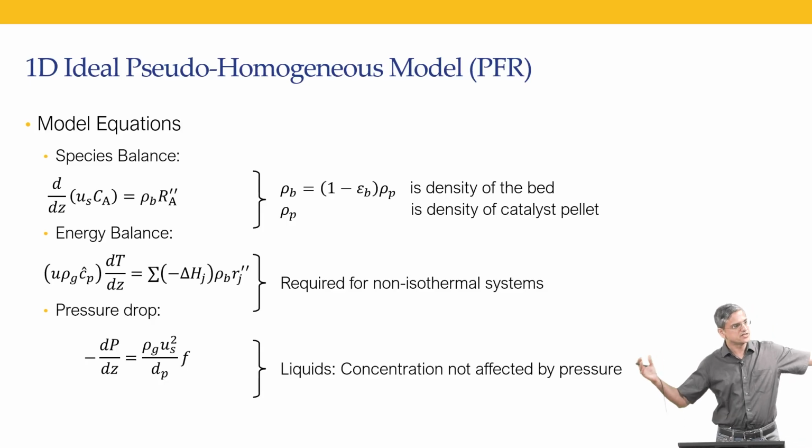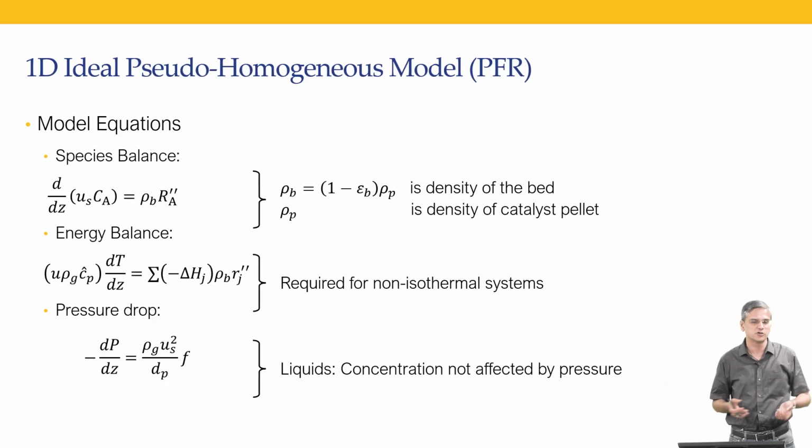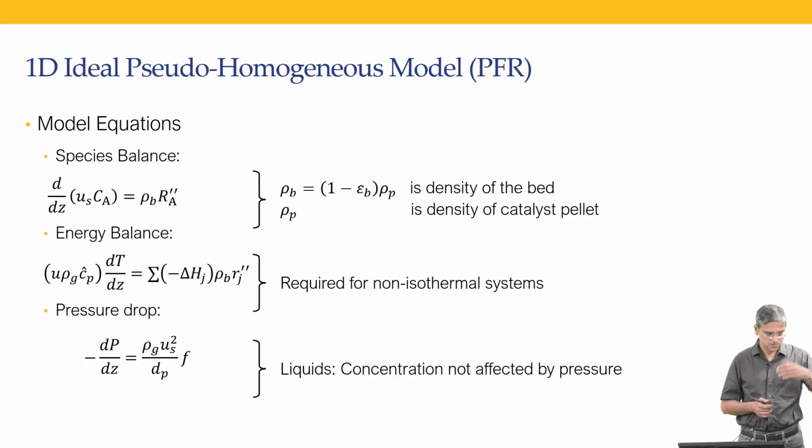For example, if the fixed bed reactor is very large, the pressure drop is going to be very significant, and you may not want to run the reactor with a pressure drop of 10 bar and so on. Okay, that is what you get for liquid cases. For liquid, volume is constant and therefore velocity is constant. Okay, not for gases. For gases, you will use the pressure drop equation. What will you usually use for pressure drop? Ergun's equation.